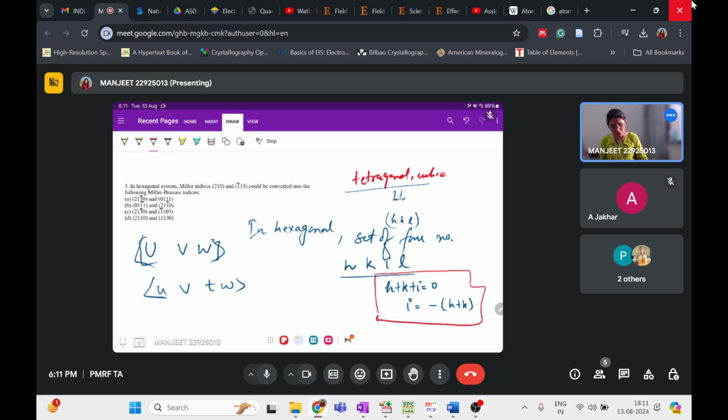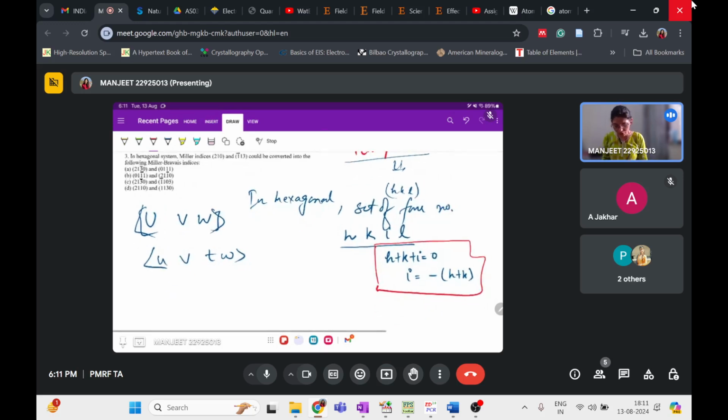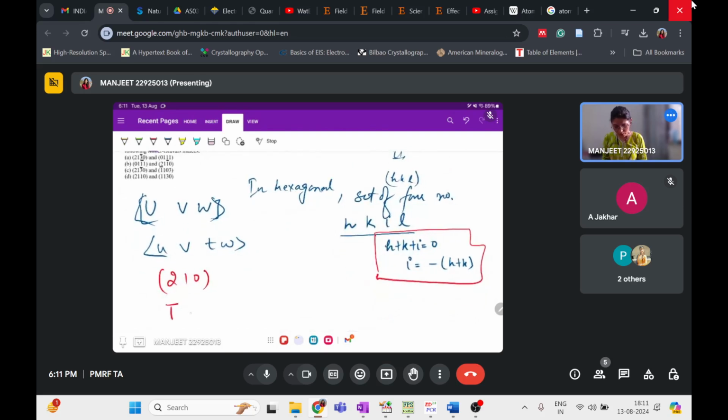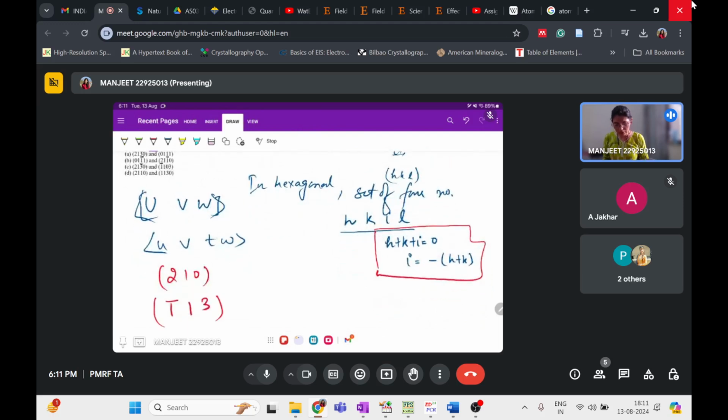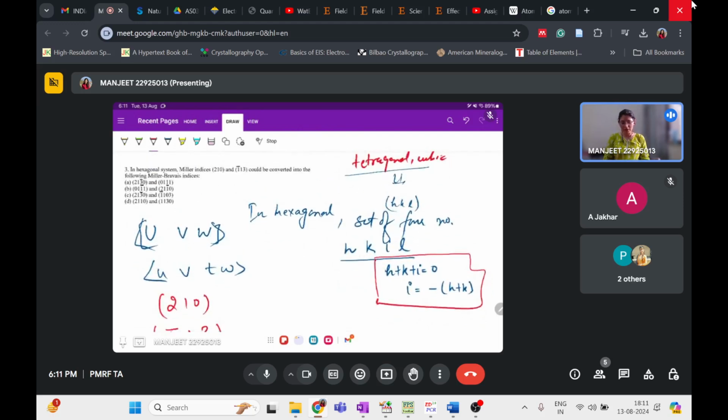So now we have the planes: 2, 1, 0 and another, minus 1, 1, 3. Now you have to convert to the Miller-Bravais indices.